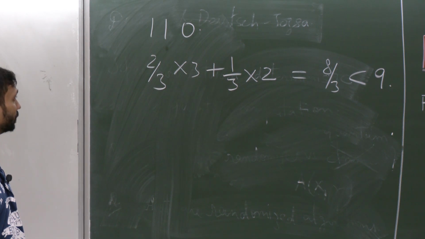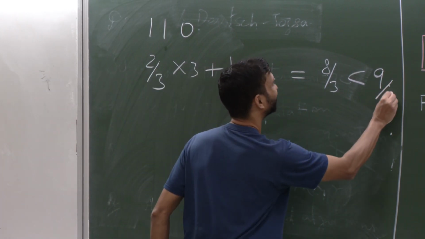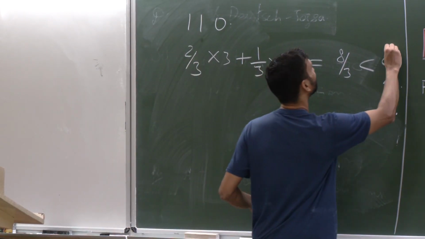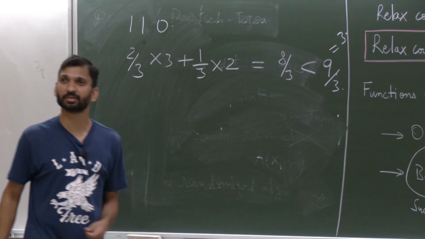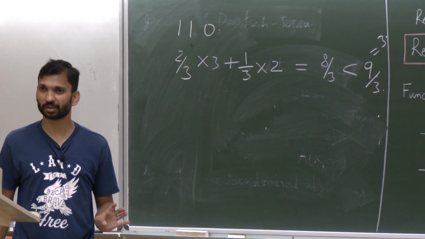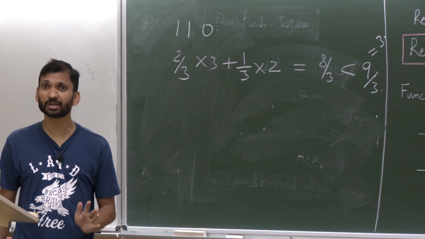Oh yeah, perfect. Good. 3, right? So, okay. What I wanted to write was 3. My 9 is equal to 3. Correct? So then we have a saving.